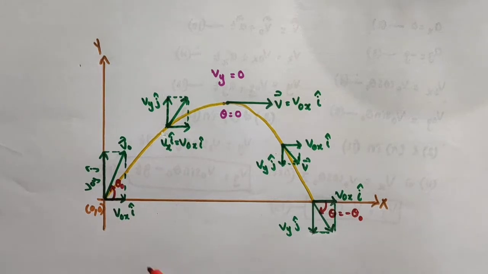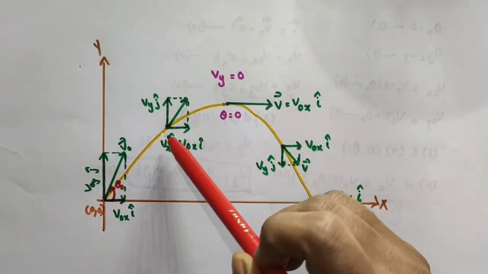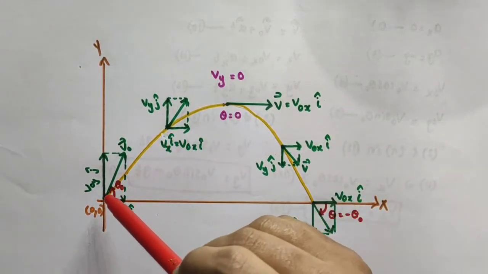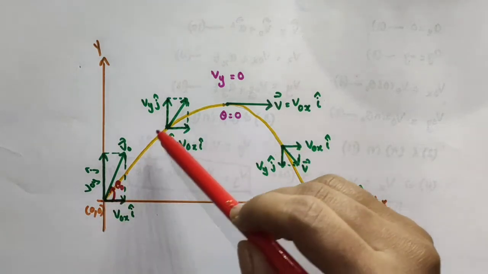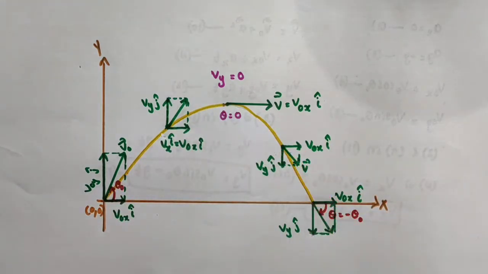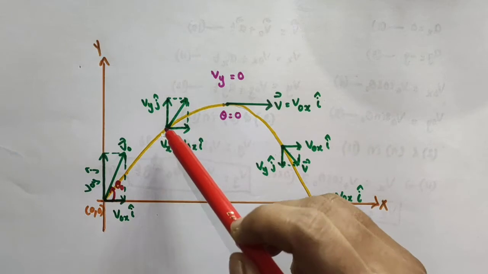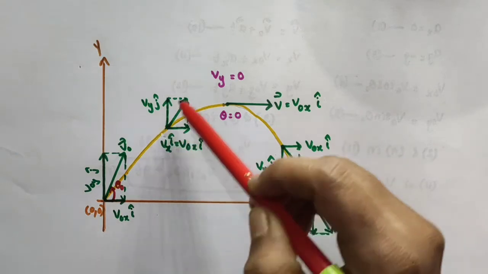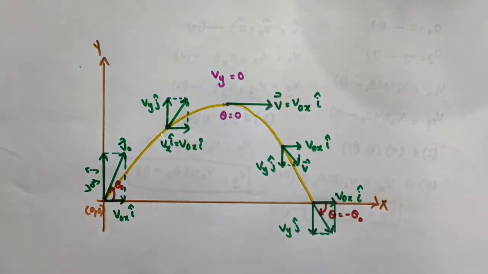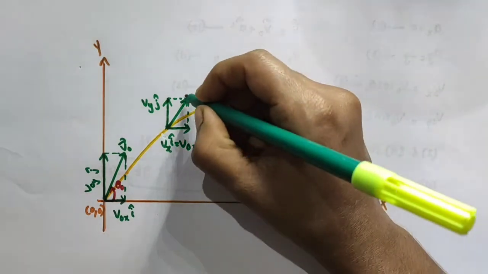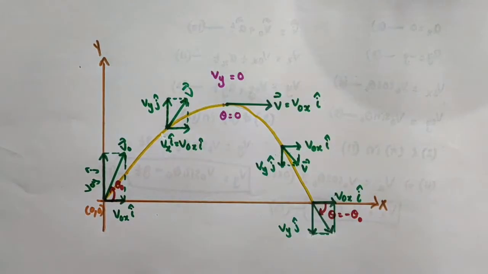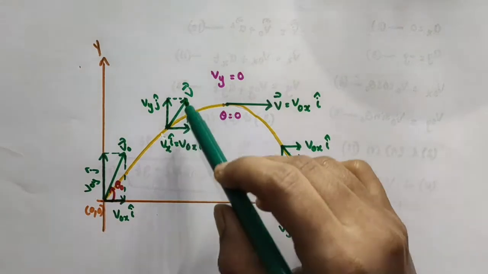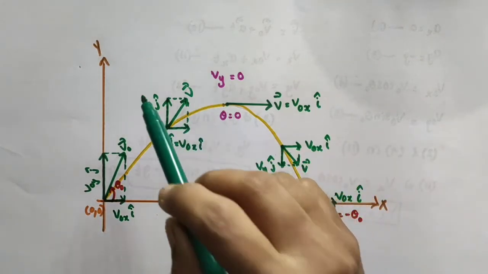Now see, if you consider the projectile as a cricket ball, the ball moves along this curved path. When that cricket ball reaches this particular point, I have taken this as the direction of the velocity of that projectile. So that will also have one x component and y component.